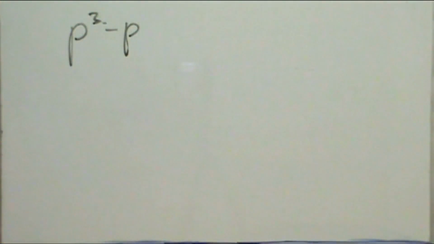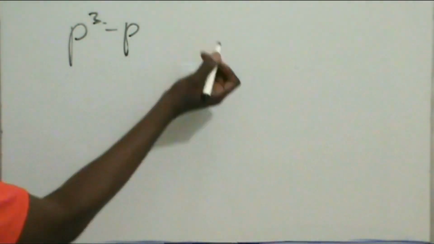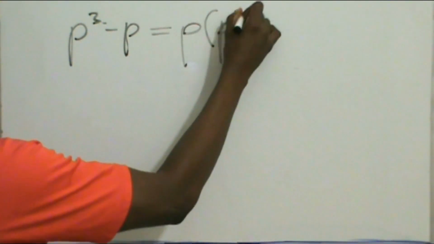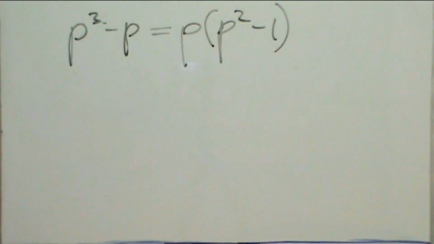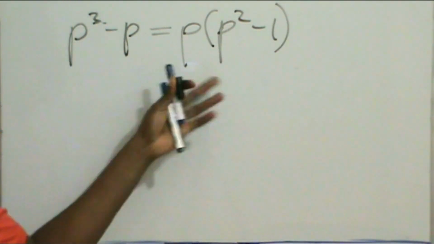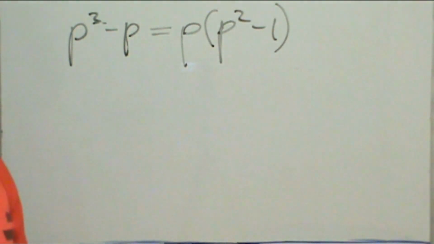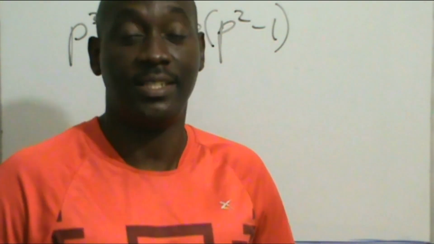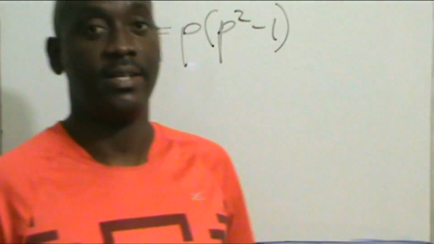So for example, p cubed minus p, the first line of attack is to say p into p squared minus 1. A lot of people would stop right here, because as far as they are concerned, that is factorization. But if a question like that is worth 2 marks, be very certain that you could only get 1 maximum, because that is not the complete factorization.